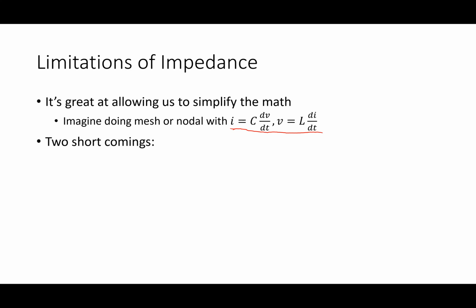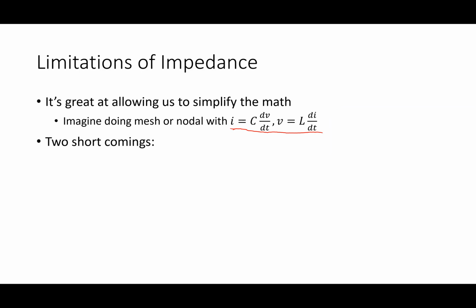Now you may not think the math is simple, right? I had complex numbers. But just think about doing the math with differential equations, d/dt's, rather than doing j omegas. It would be nasty. So it's great at simplifying the math. It takes us into a weird world where we have complex numbers, right? But it simplifies the math.